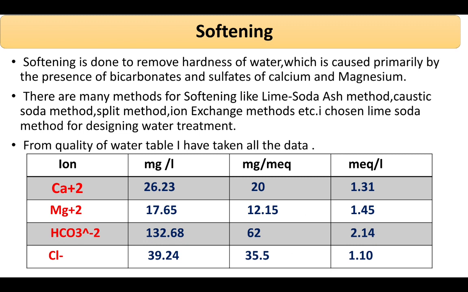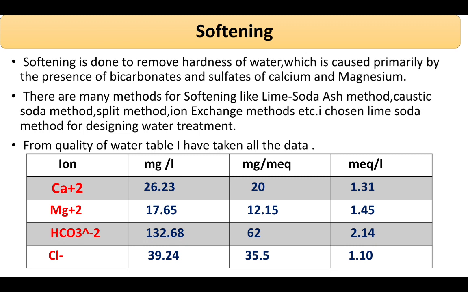So now comes the softening part. Softening is done to remove the hardness of the water caused primarily by the presence of bicarbonates and sulfates of calcium and magnesium. There are various methods for softening, like the lime soda ash method, caustic soda method, and split method, but I chose the lime soda method for designing the water treatment.